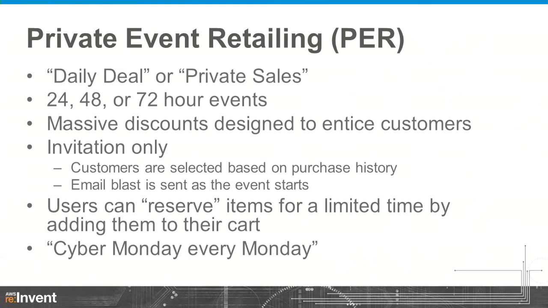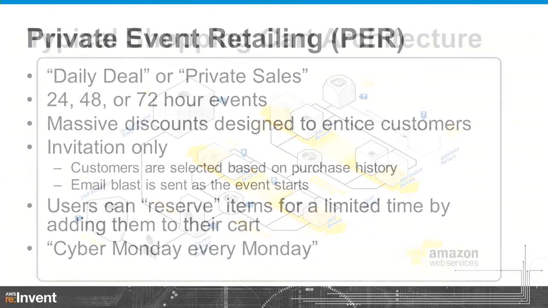Now, the way we run these events for our customers is just like you would run every other Cyber Monday. You're probably not going to get the same level of traffic as you would on Cyber Monday, but you get the exact same pattern of traffic.